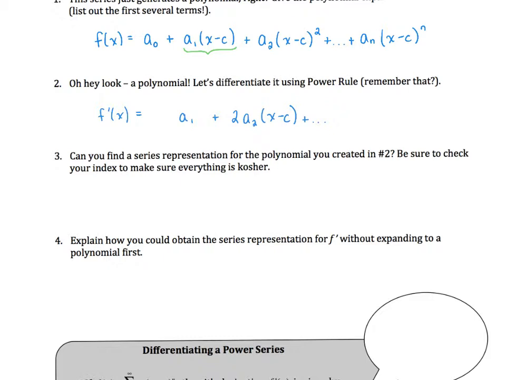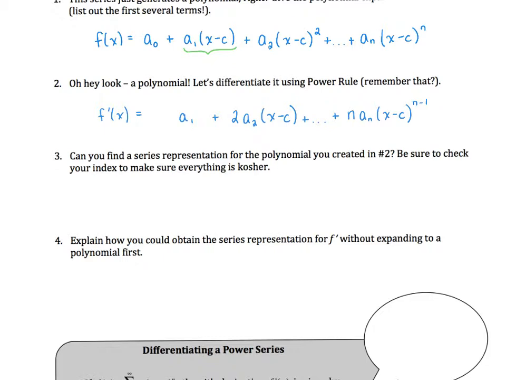But if you're actually working with a given power series, you don't want to have to list out all the terms, right? Especially if the thing's a hot mess. But we very quickly realize that power rule within the expression inside the series works.